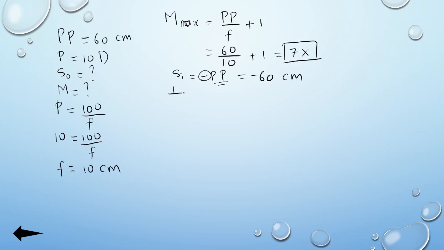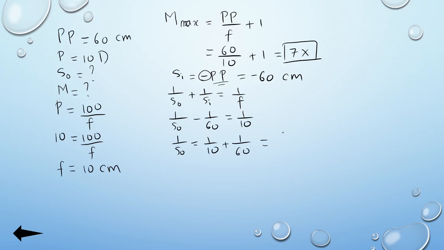Now, let's use the general equation. 1 over SO plus 1 over SI equals 1 over F. 1 over SO minus 1 over 60 equals 1 over 10. 1 over SO equals 1 over 10 plus 1 over 60.